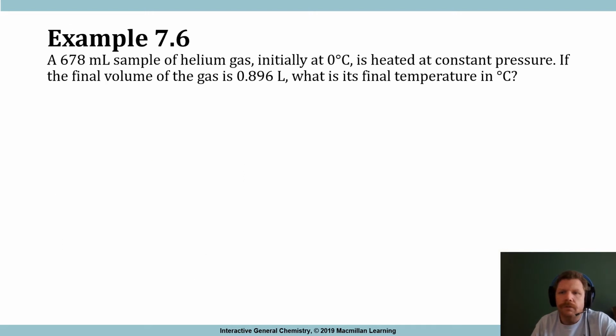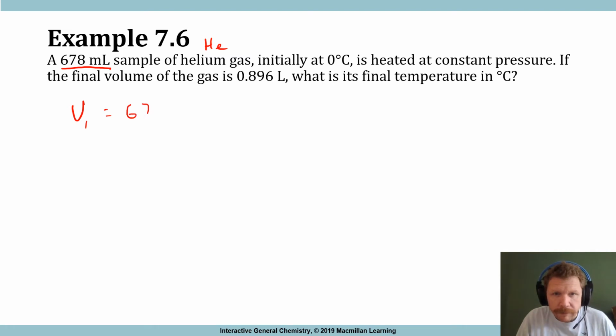So we jump ahead to an example problem. This has a 678 milliliter sample of helium gas, He, initially at 0 degrees Celsius. So I'm going to say V1 equals 678 milliliters.